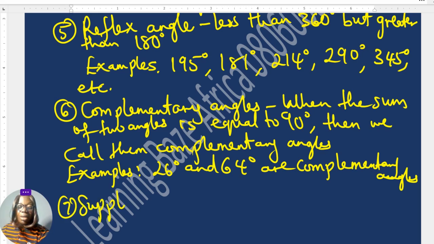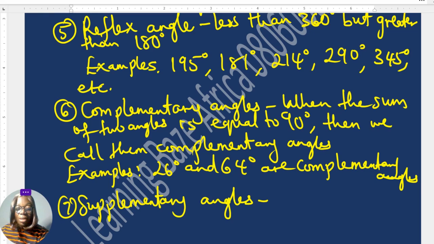The next type of angles is what we call supplementary angles. We call them supplementary angles because when you add the two angles together, they will sum up to 180 degrees.